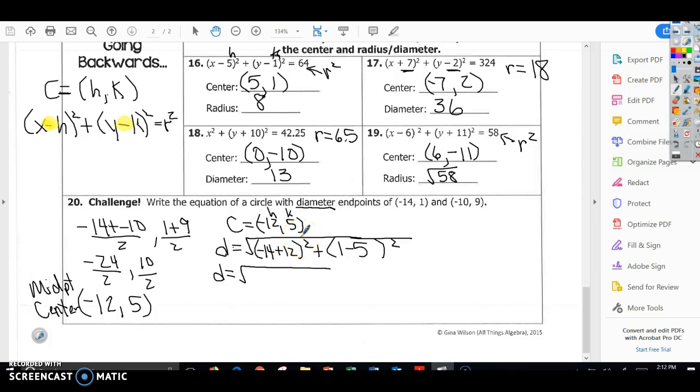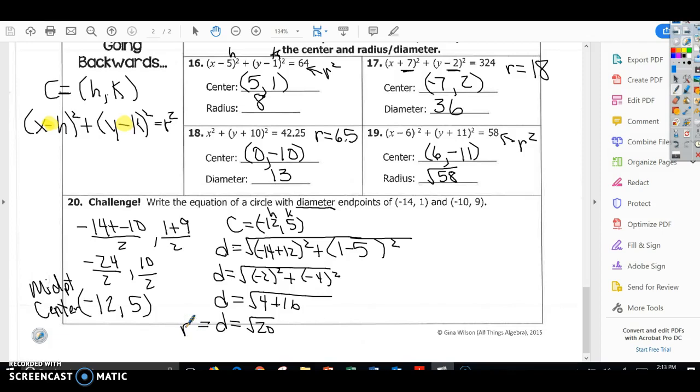Negative 2 squared plus 1 minus 5, which is negative 4 squared. Remember, anytime you have a negative number squared, it becomes positive. I can add those together now and get the square root of 20. So that's the radius. It's the distance from the center to a point on the circle.